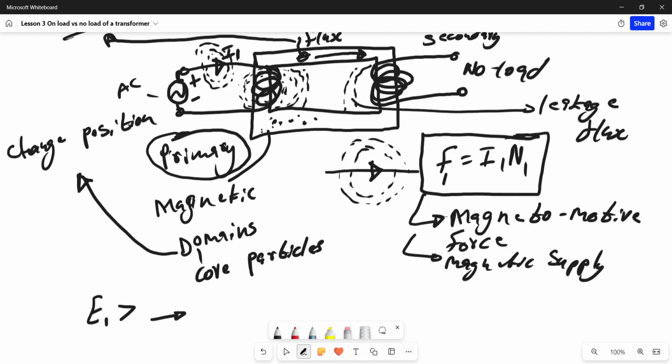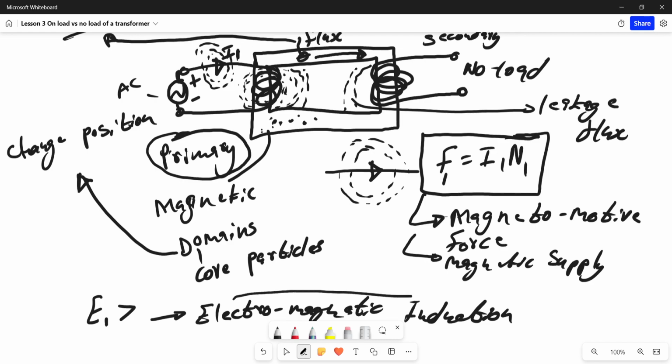This happens according to the principle of electromagnetic induction. When the flux cuts the primary winding, there will be E1 across the windings.